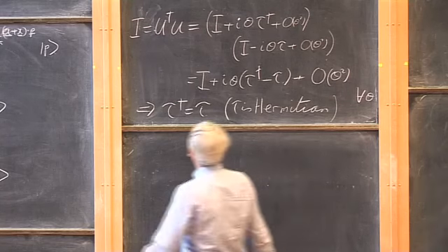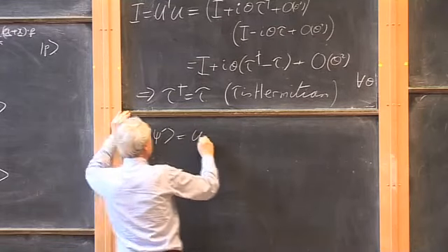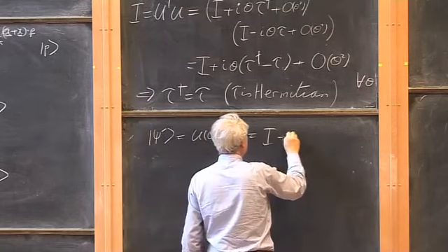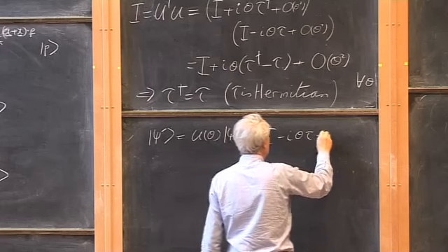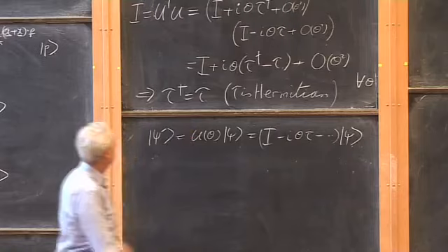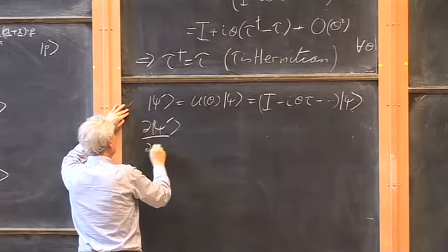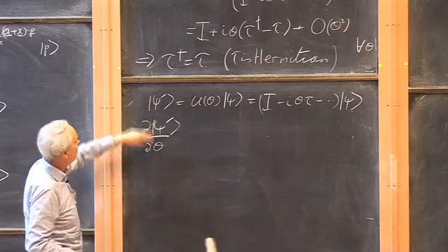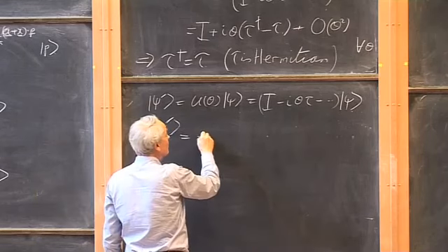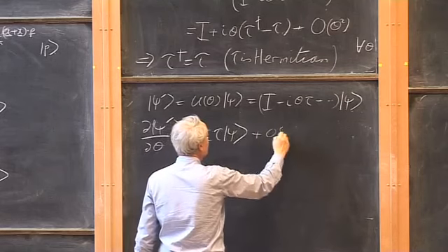Right, and if we write the equation psi primed is equal to U of theta times psi, which is 1 minus i theta tau plus ... times psi, and we do d psi primed by d theta, we find that this is equal to minus i tau psi plus order theta squared.